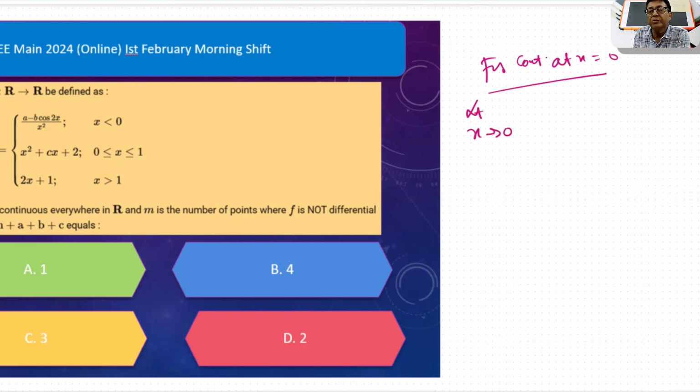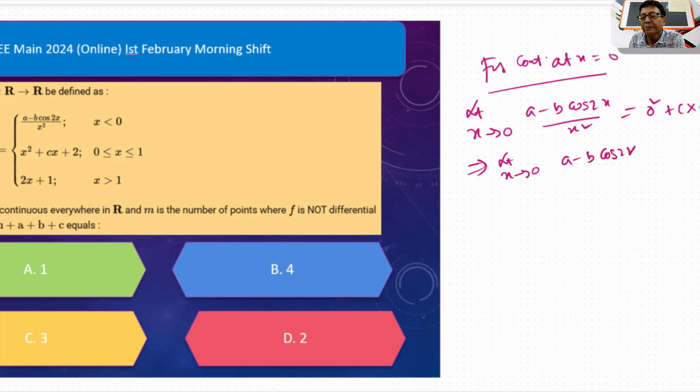Limit x tending to 0, the left hand limit, (a minus b cos 2x) by x square. Here the functional value and right hand limit will have the same value. So 0 square c into 0 plus 2. I have taken the value over there because we are answering an MCQ. So limit x tending to 0, (a minus b cos 2x) by x square equal to 2.